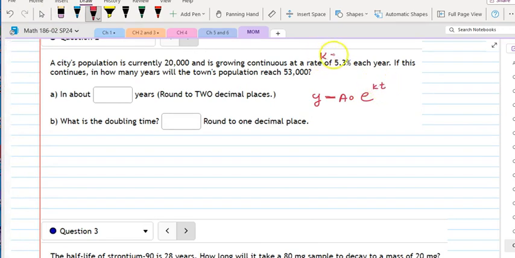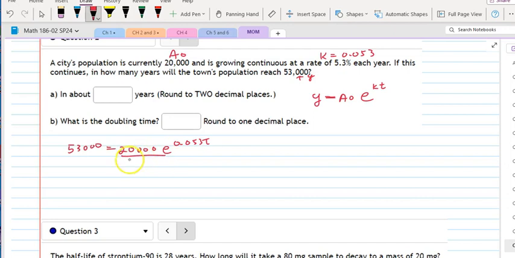In our case, k is equal to 0.053. The current population is A0, and this would be the final one, y. So we say 53,000 equal to 20,000 e^(0.053t), and we'll solve for t.